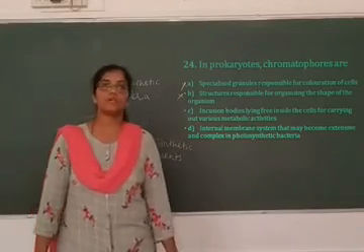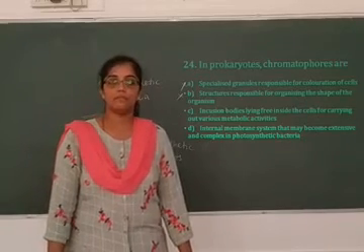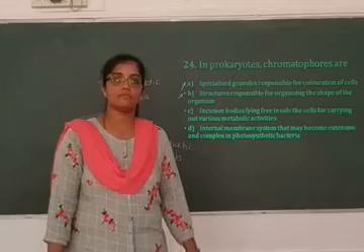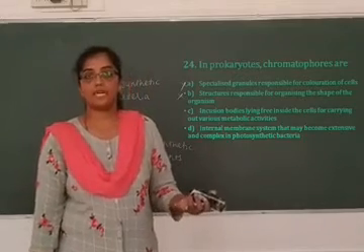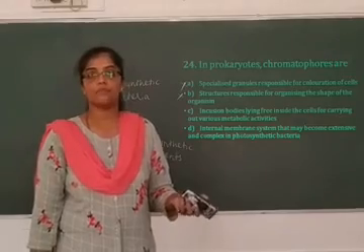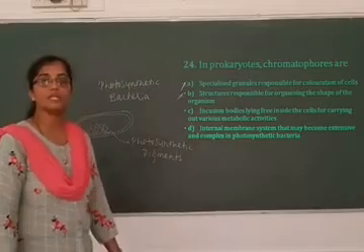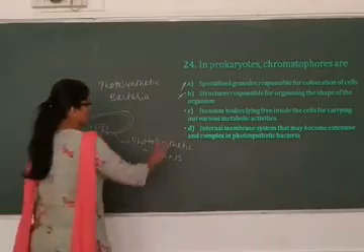Inclusion bodies are also called storage granules that you have studied. Phosphorus granules, or in case of iron bacteria, iron granules are present, or to provide buoyancy, air vacuoles are present. Those are all called inclusion bodies, which is also a wrong option.